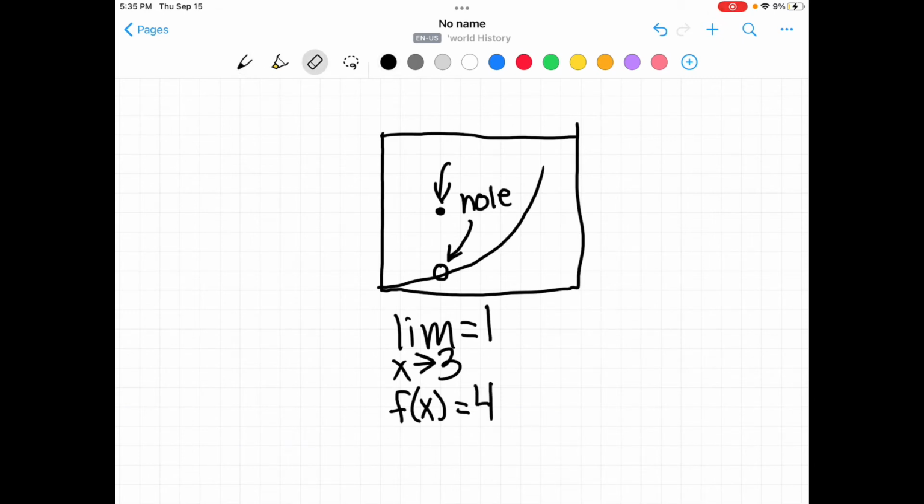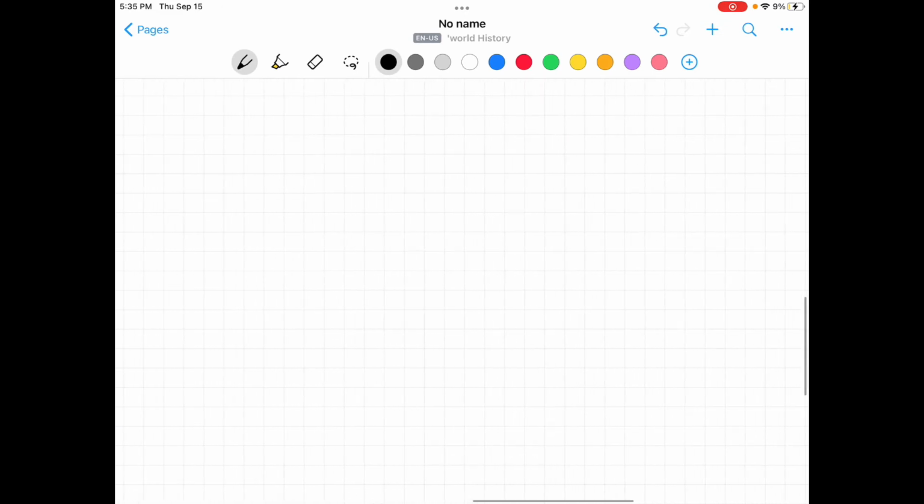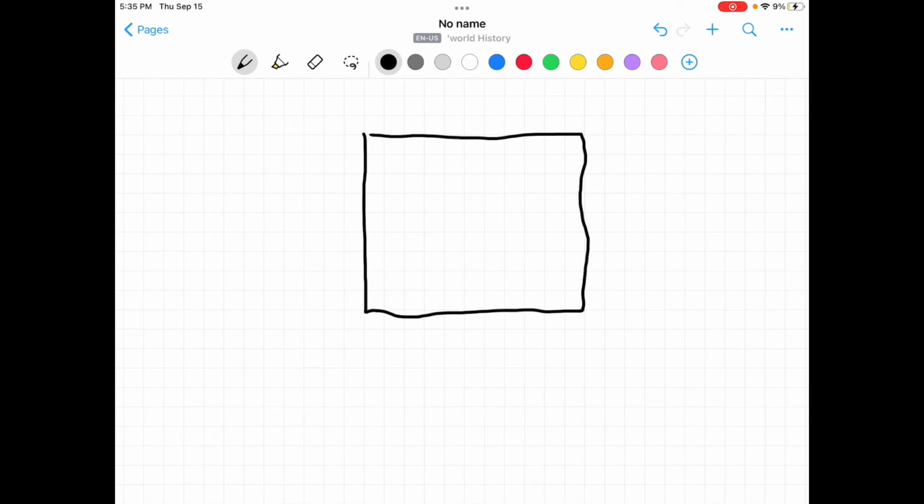Okay, and then we're going to move over here, and we're just going to reestablish that. We'll work another problem. We'll do a more complicated graph. Okay, here's a good one.